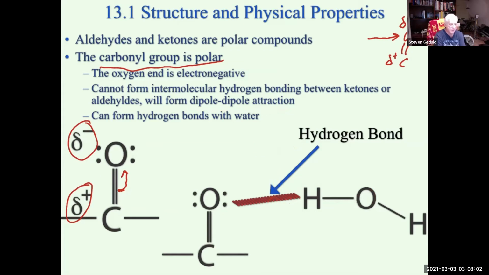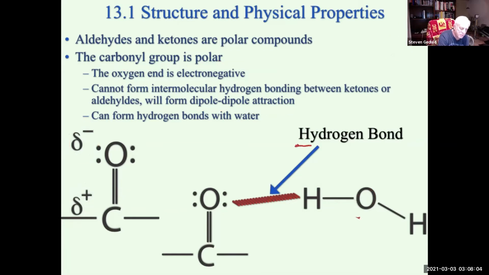All right, perfect. So you can have a hydrogen bond if it's mixed with water. Okay, because here's your carbonyl group. Remember, this is delta minus because it's pulling electrons. This is delta plus. Okay, water is delta minus, delta plus. The plus and the minus charges attract one another.